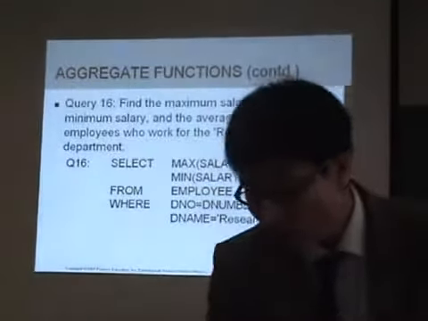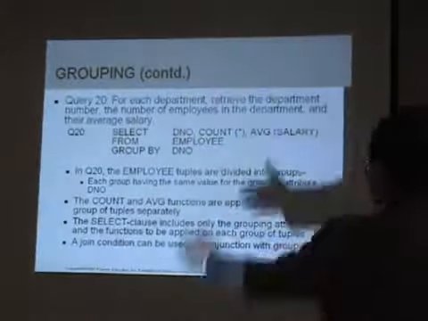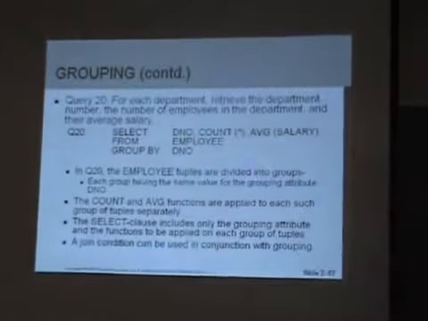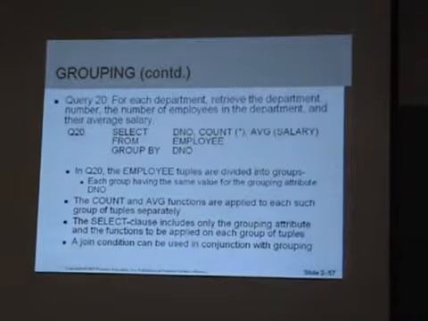But in general, for each department, retrieve the department number, the number of employees in the department, and the average salary. At that time, we have a grouping factor. It's grouped by DNO.